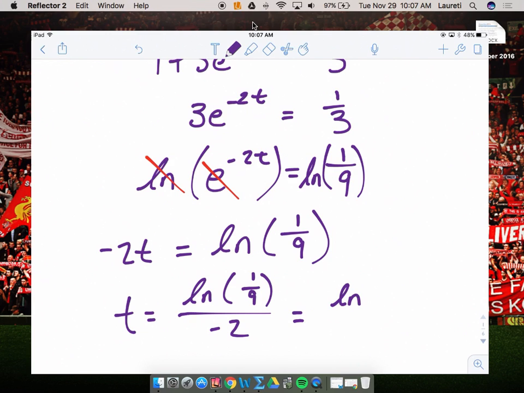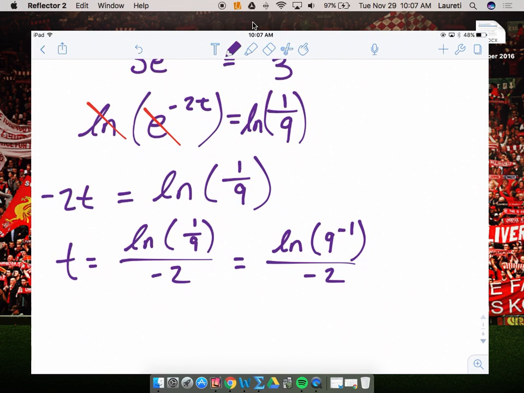Okay, so you're doing ln of that. So what can you do with that? Negative ln of 9, right?